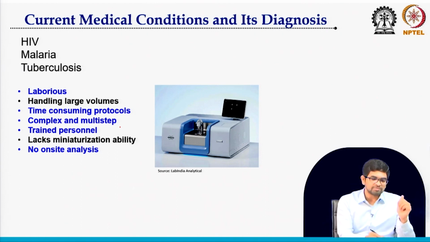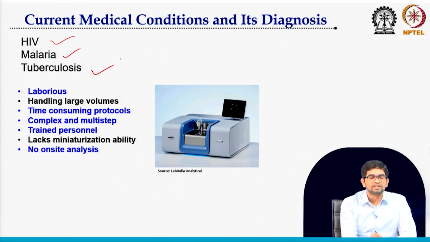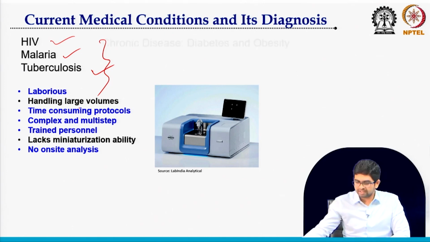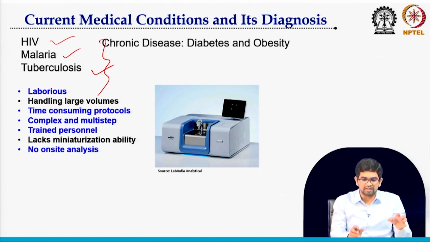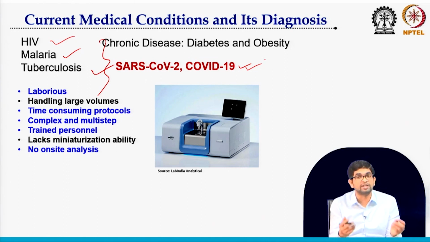So, you know, there are many kinds of disease now, like HIV, malaria, tuberculosis. These are very common diseases nowadays. And recently, you know, SARS-CoV-2, this COVID-19. In these times we really want to detect this kind of virus, and if you can detect it very easily in a point of care setting, it will be very useful, so that we can stop the spreading of SARS-CoV-2, right.